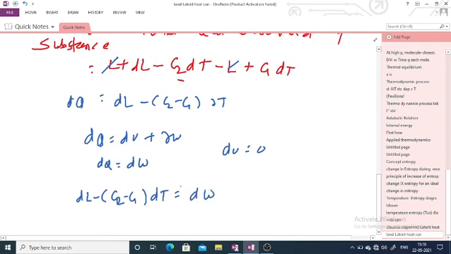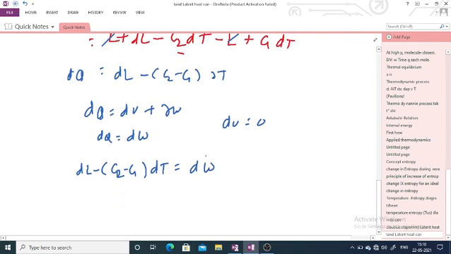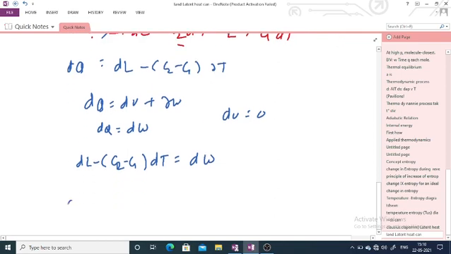Now dW is the amount of work done during one complete cycle, and this is equal to the area enclosed by the loop or cycle.